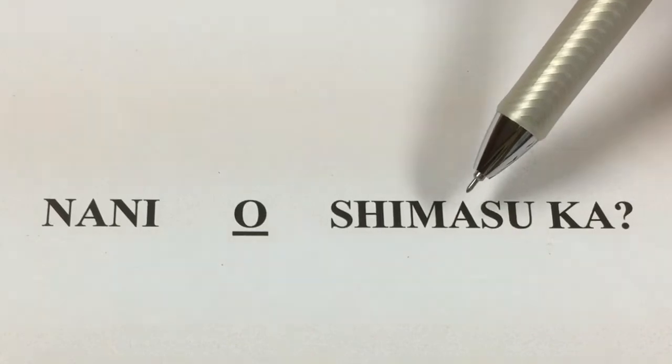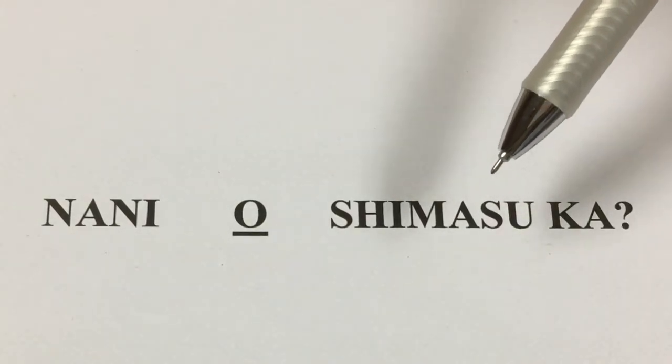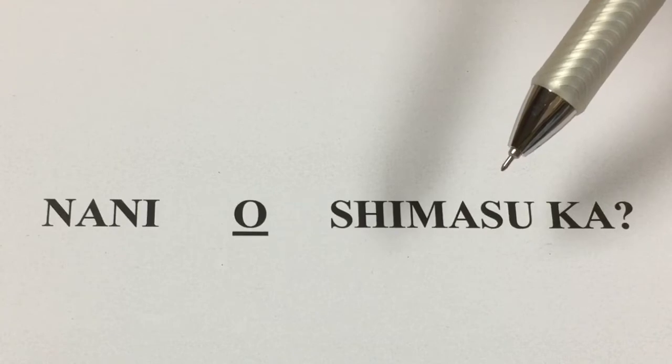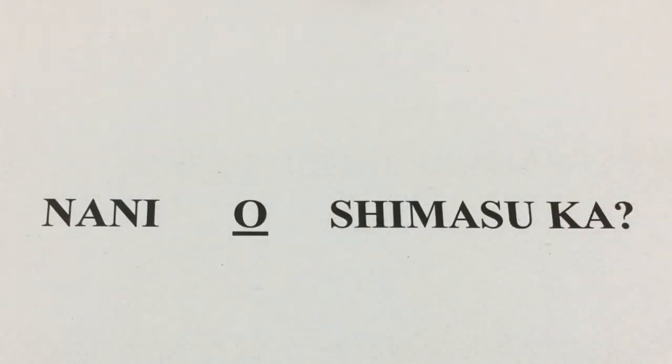What did you do? For example, I'm asking you what did you do last weekend? Senshu no shumatsu ni nani o shimashita ka? Senshu no shumatsu ni, on the weekend of last week, nani o shimashita ka? What did you do?